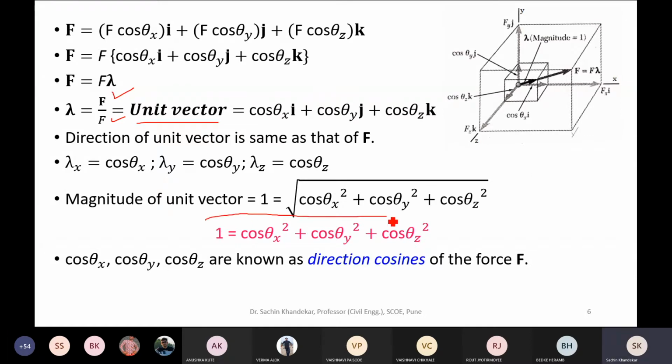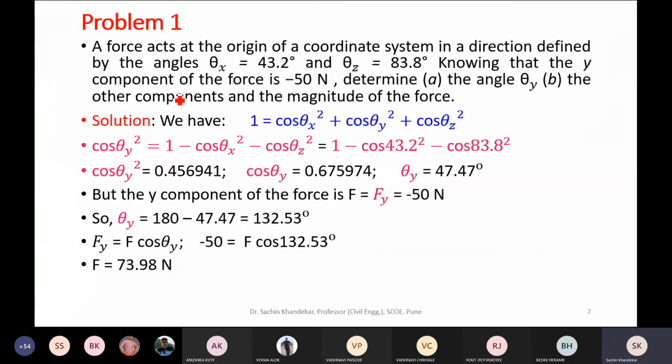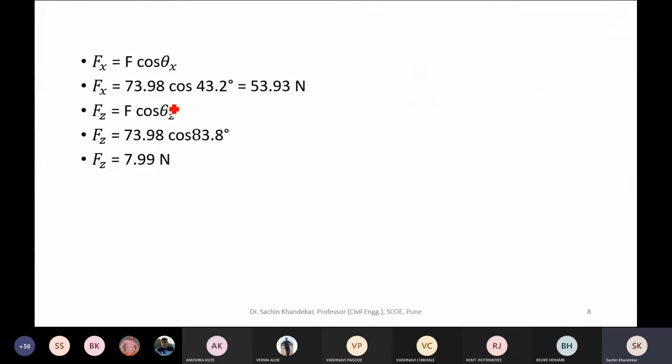Then we derived this very important identity: 1 equals cos square theta x plus cos square theta y plus cos square theta z. Here cos theta x, cos theta y, and cos theta z are known as direction cosines. We also solved one problem based on whatever we discussed.